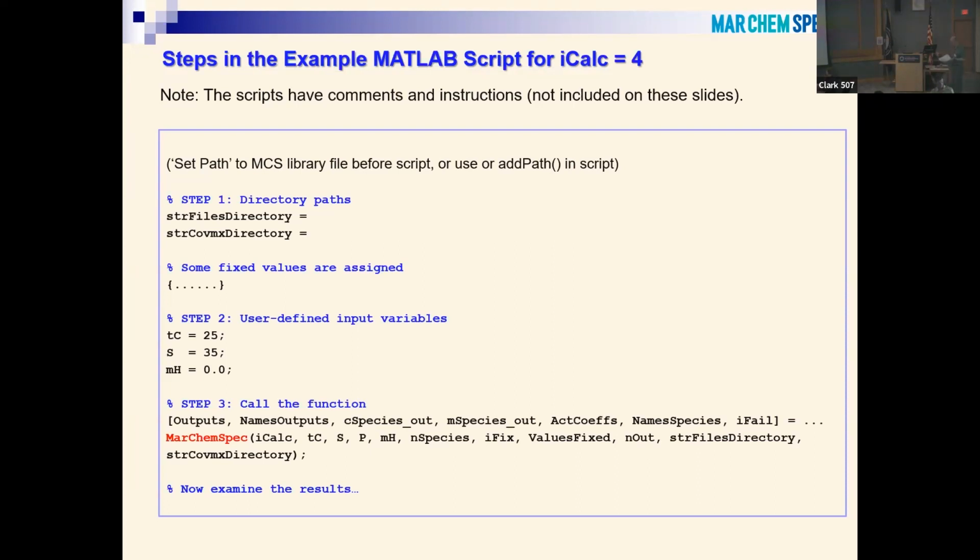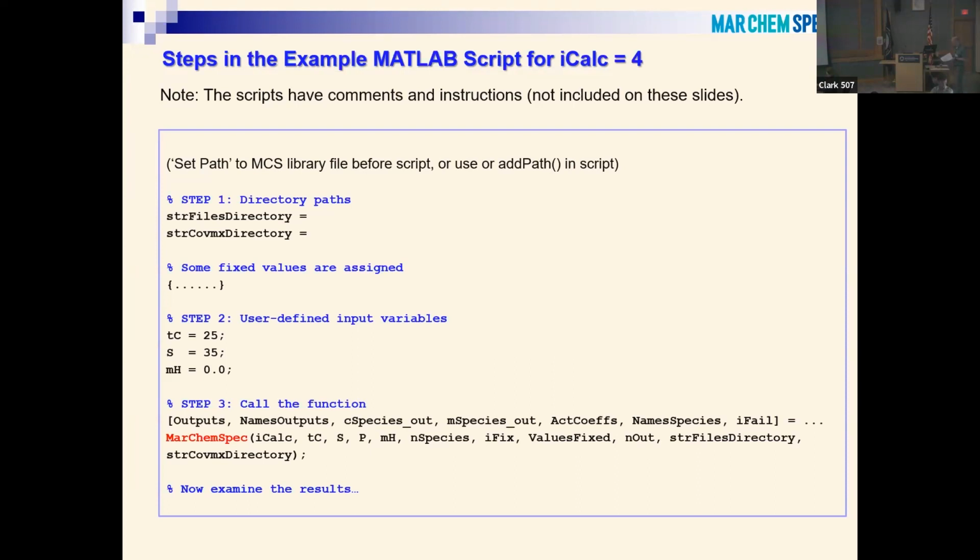So this is temperature. In this case, we're in centigrade, so it's 25 degrees, salinity 35. And MH, because it has multiple duties, it's not very well named, but this is how you adjust the alkalinity up and down from the value for reference seawater. And in this case, we're not doing anything, so we leave it at 0.